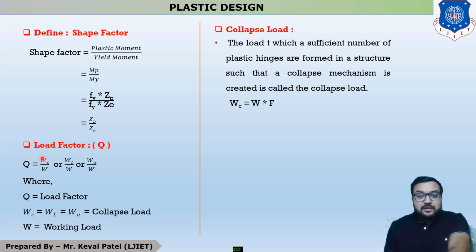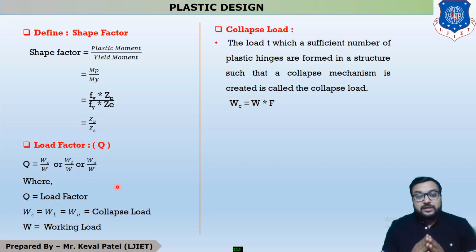So it is capital WC divided by W. Your capital WC is called as collapse load divided by working load. Okay, or it is also called as WL upon W, in which WL is also called as collapse load, or it is also called as WU divided by capital W. Okay, so this is your second definition.